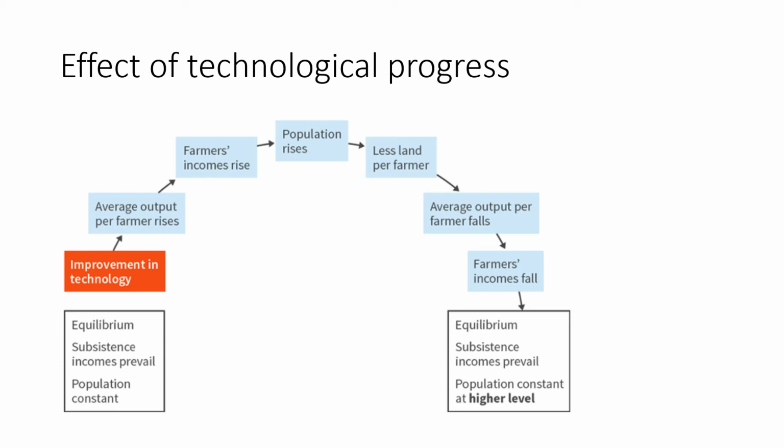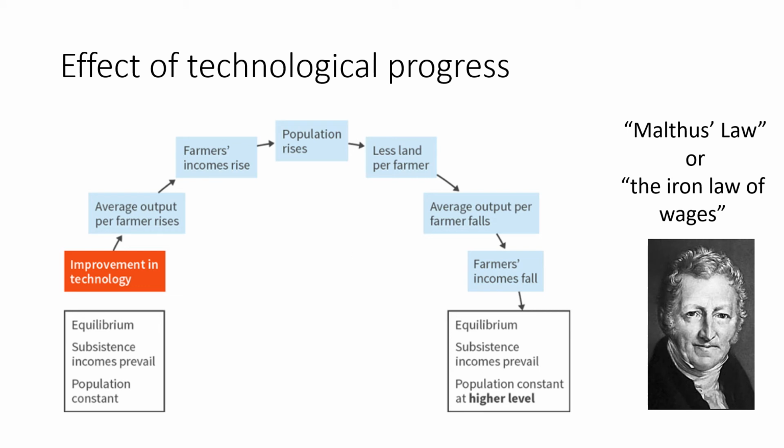As the population increases, we see less and less land per farmer, and our average output falls back to our subsistence level. And so as we move from left to right in our flow chart here, we can see the movement from point C to point D in our previous slide. And this is what we refer to as Malthus' law, or the iron law of wages.